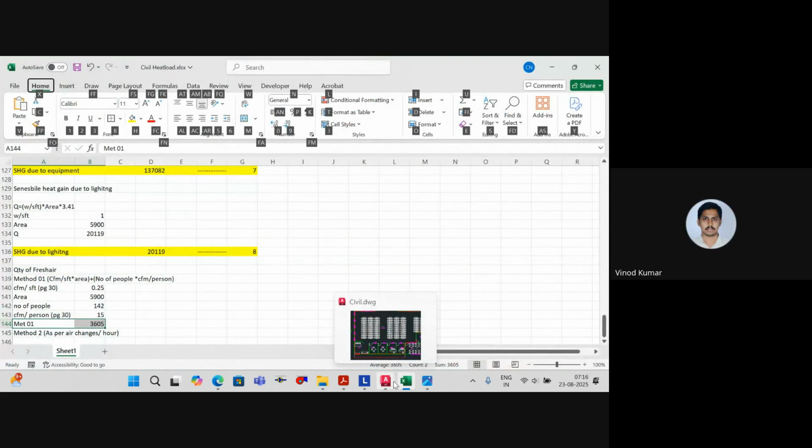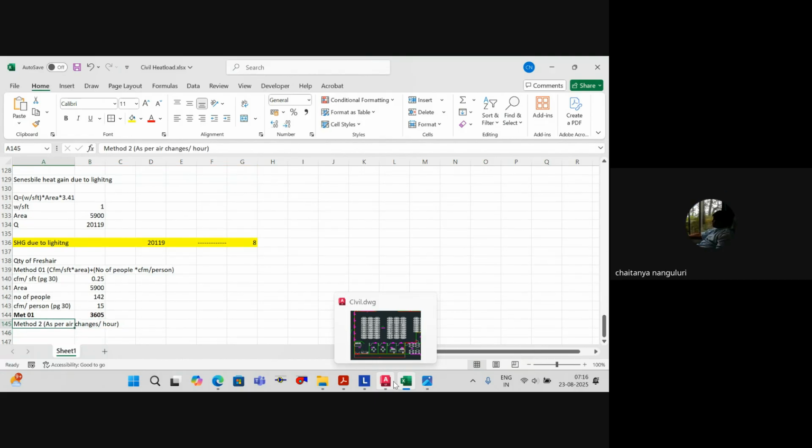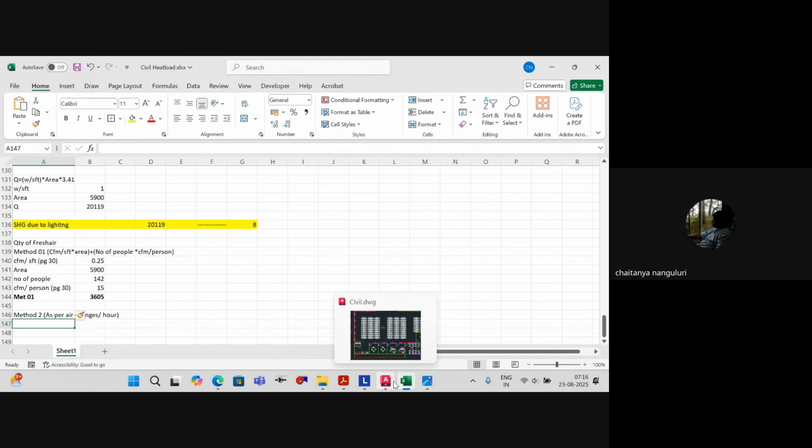Now we'll calculate according to air changes, which is not an official method as I've told you, but we generally use it. The unit is CFM, cubic feet per minute.